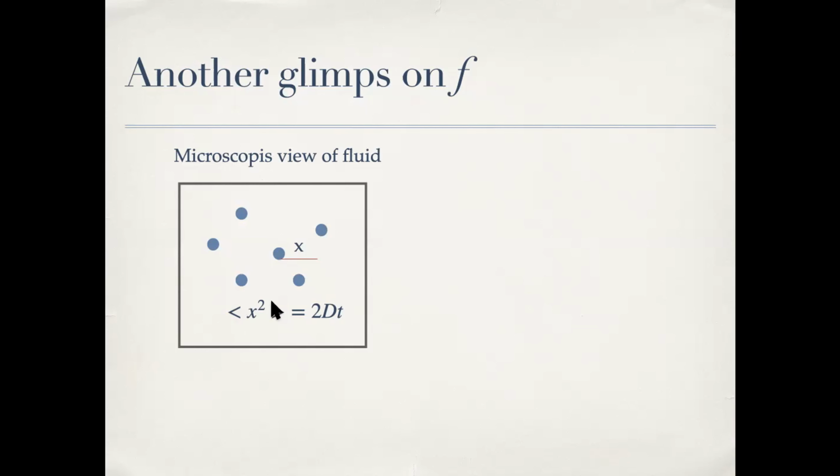The coefficient between this average square and the time is called the diffusion coefficient and is usually denoted by a capital letter D. The factor 2 comes out from a detailed analysis of that problem.